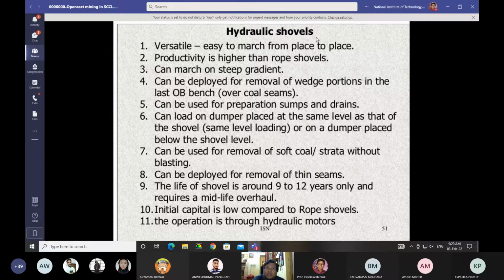The other answer to your question is why people are using the diesel operated shovels. These diesel operated shovels, which are also called hydraulic shovels, are very versatile.